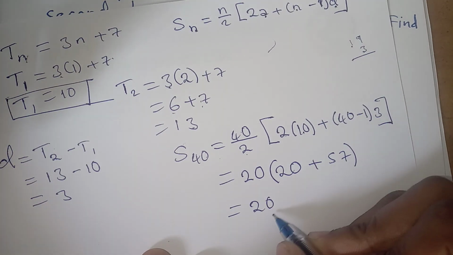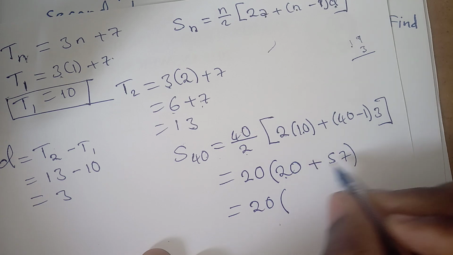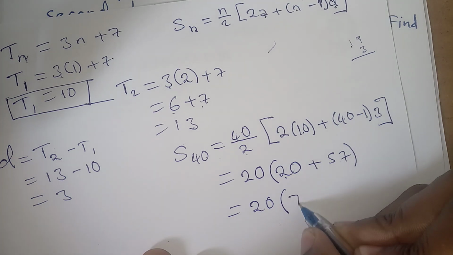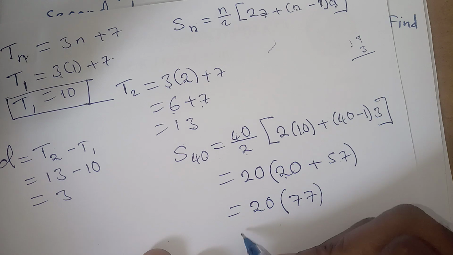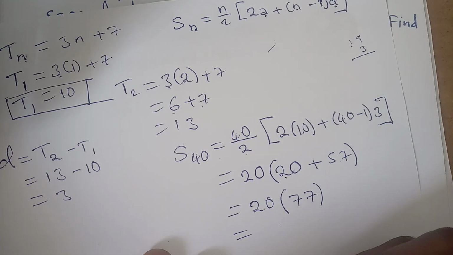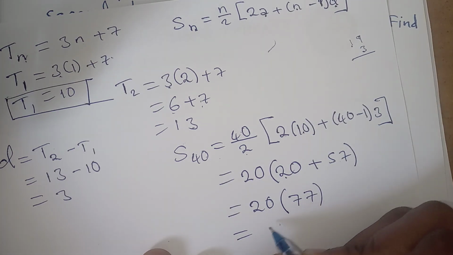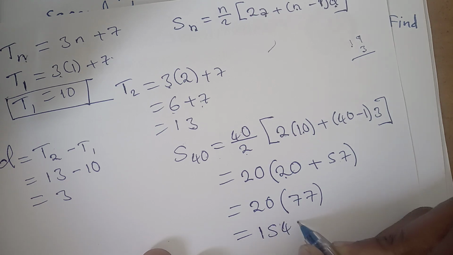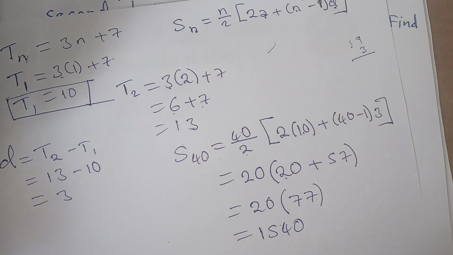Then 20 plus 57 will be 77. Then when you multiply these two, you have 1540.